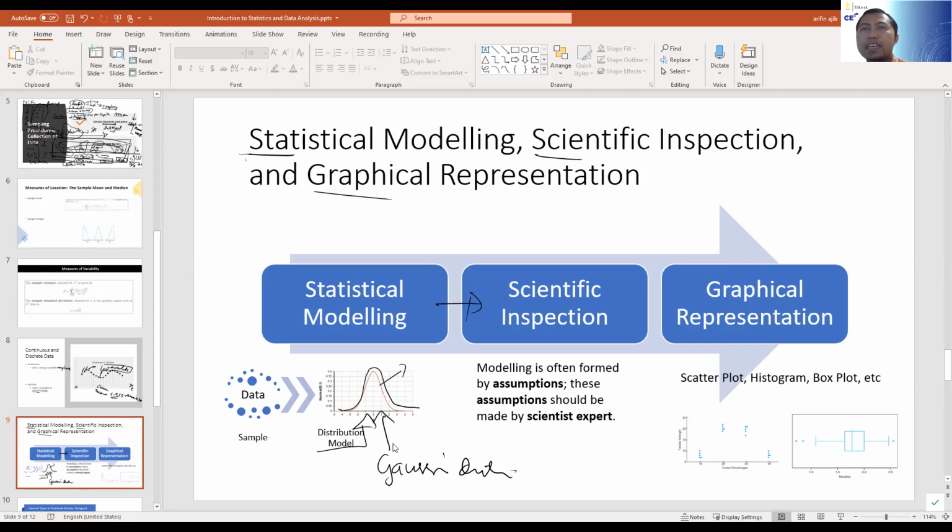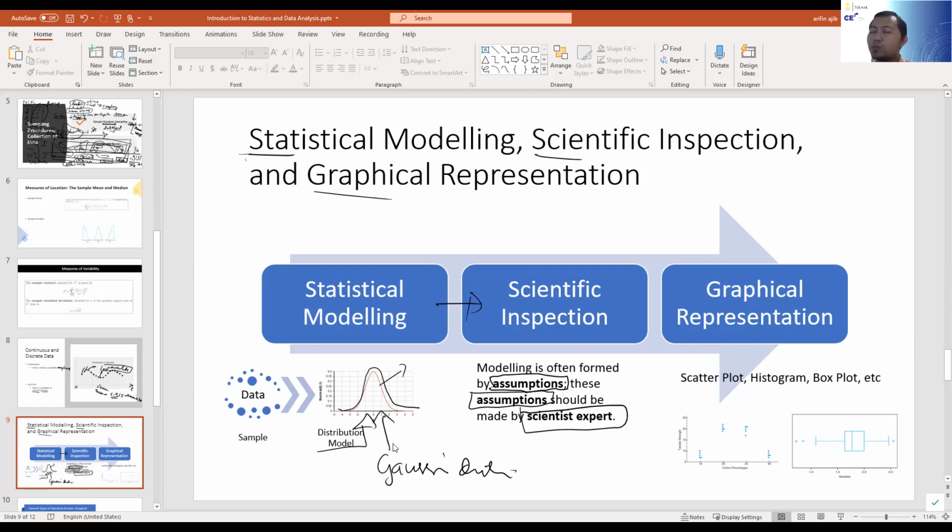This is the scientific inspection. Actually, when we take the sample procedure, how do we collect the data, how can we model the data? Actually, we should conduct it based on assumptions. And these assumptions should be made by scientific experts.